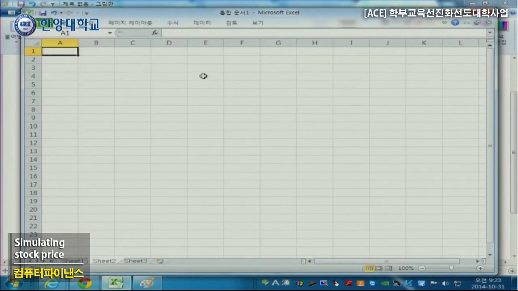Let's say mu is 3%. Let's generate stock returns for the next 5 years.